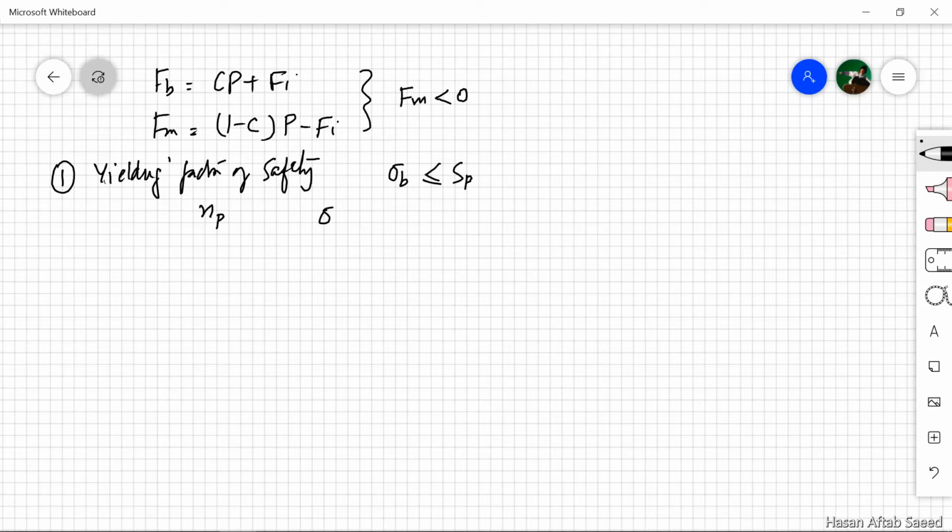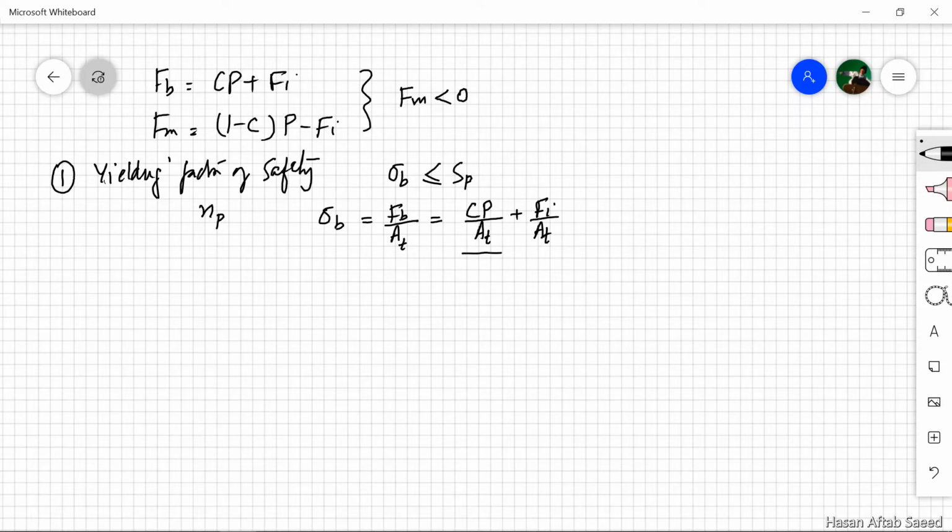Now, first of all, let's find out the stress in the bolt. That is simply FB over AT. AT is the tensile stress area, you know it. You can read it off table 8.1. So this is CP over AT plus Fi over AT.